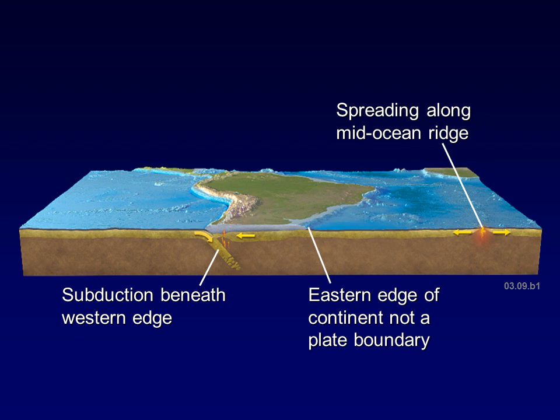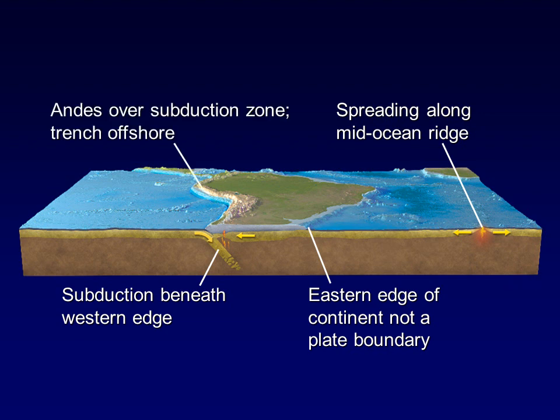So that creates this volcanic mountain belt all along the western edge there. And we get the Andes, these very high, very steep, volcanically active, dangerous mountains, and a very deep trench offshore, which often generates earthquakes so massive that it causes tsunamis.